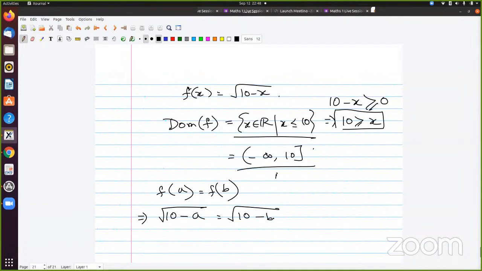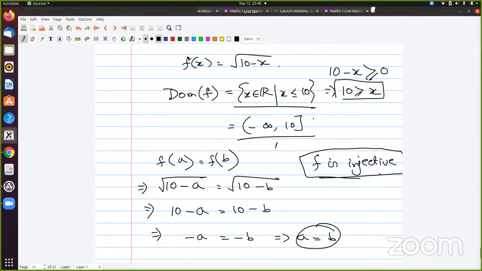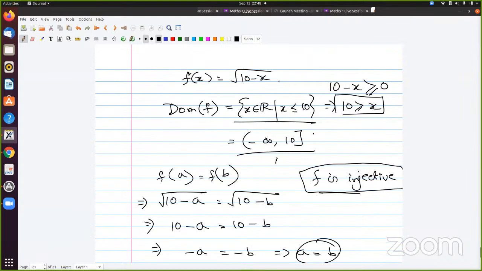Root over 10 minus B. If I take the square of this, I get 10 minus A equal to 10 minus B. Now 10 will cancel out, so minus A equal to minus B. That means A equals B. So we cannot have two distinct inputs giving the same output, right? So f is injective. Clear? Yes, sir, clear.